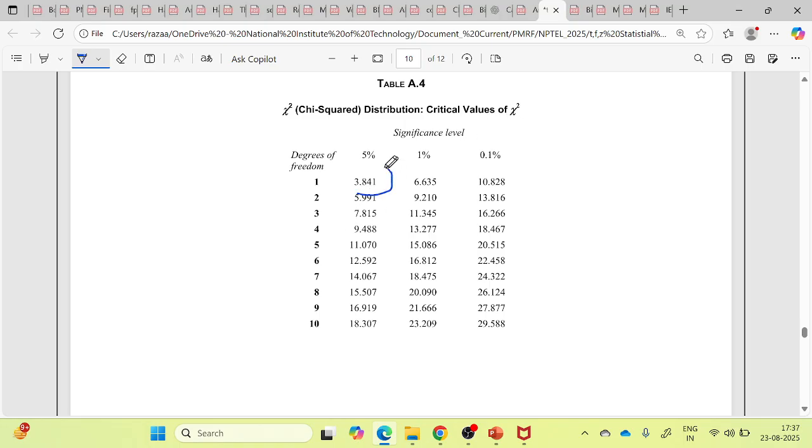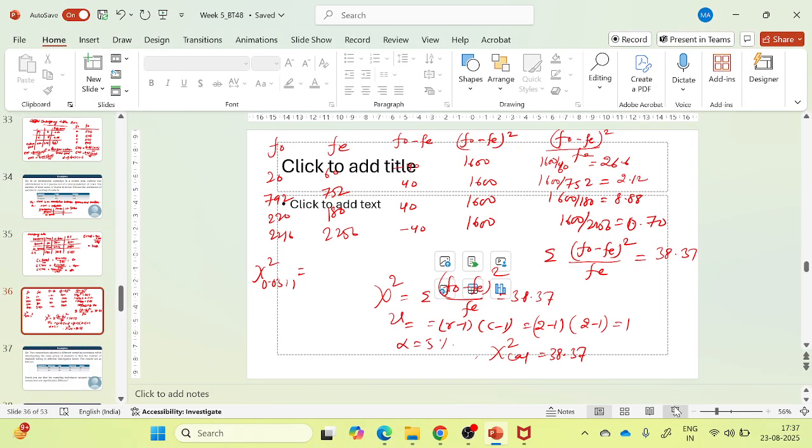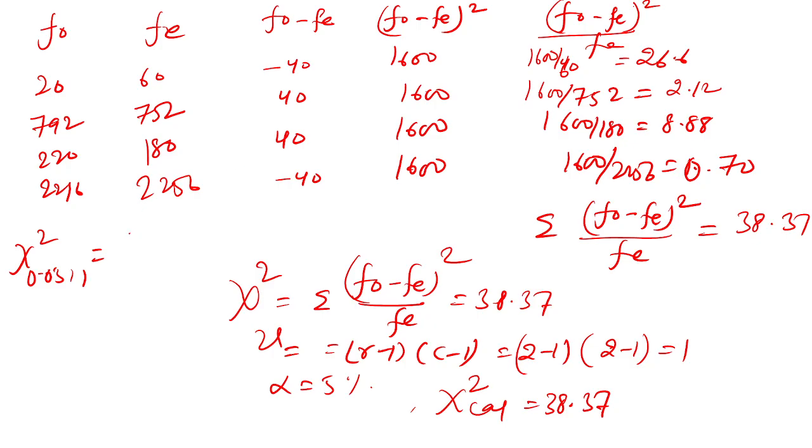So we go back and we got the value of 3.841. So the calculated value is greater than the tabulated value, so we are going to reject the null hypothesis.